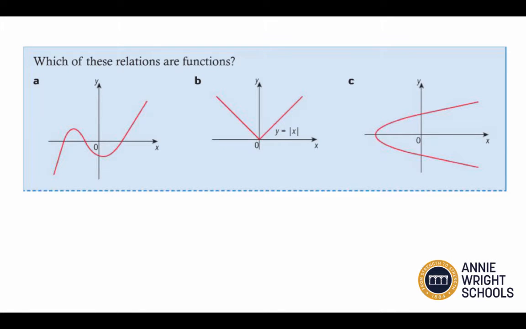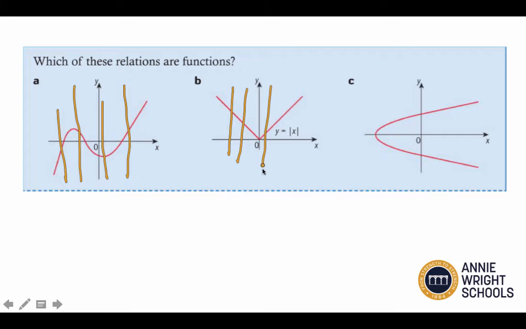So just by looking at these graphs, you can tell this is a function. There's no vertical line I could draw that would hit this red function in more than one place. This is the function y equals the absolute value of x.